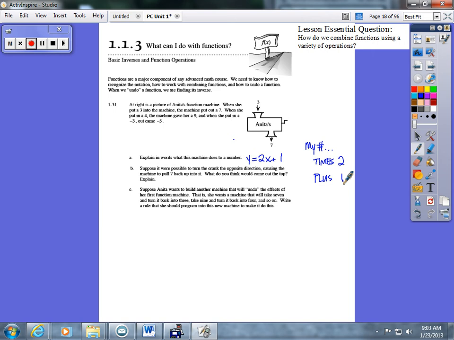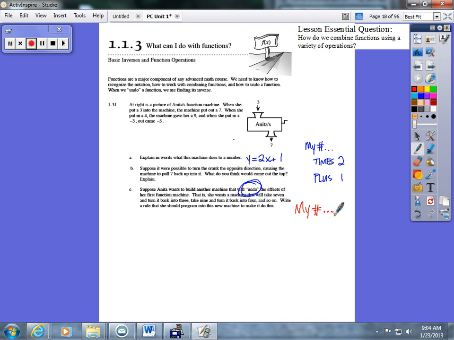Now, suppose it were possible to turn the crank the opposite direction, causing the machine to pull 7 back up into it. What do you think will come out the top? A 3. Suppose Anita wants to build another machine that will undo the effects of this function machine. That's called an inverse, and you learned about that in Algebra 2. So if we're doing an inverse, probably the most basic way you learned it in Algebra 2, at least the way that I teach it, is I start the same way, my number, except I'm going to undo.